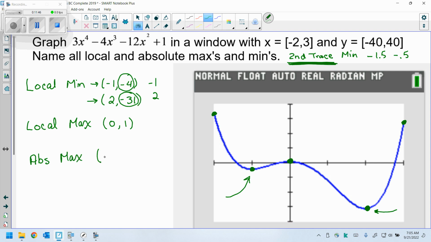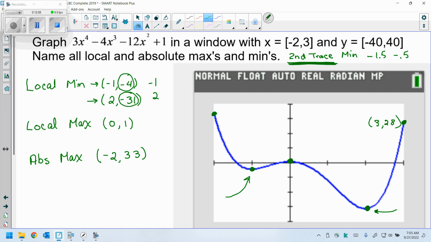I could trace to find that and just say trace and then enter -2. And I find that my y value is 33. Had I checked over here at 3, I think at 3 we only had 28.